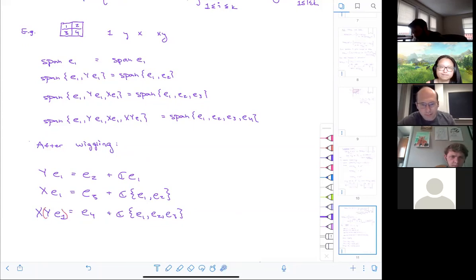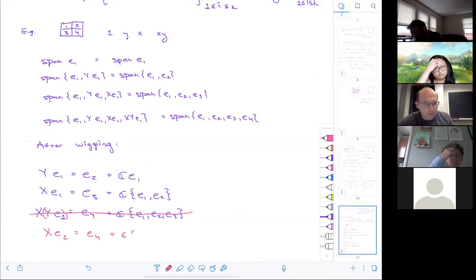I'm being really imprecise here, but you can replace this condition with x times e2 is e4 plus some multiple of e2 and e3. Because x is lower triangular, you're not going to see any multiples of e1 here.